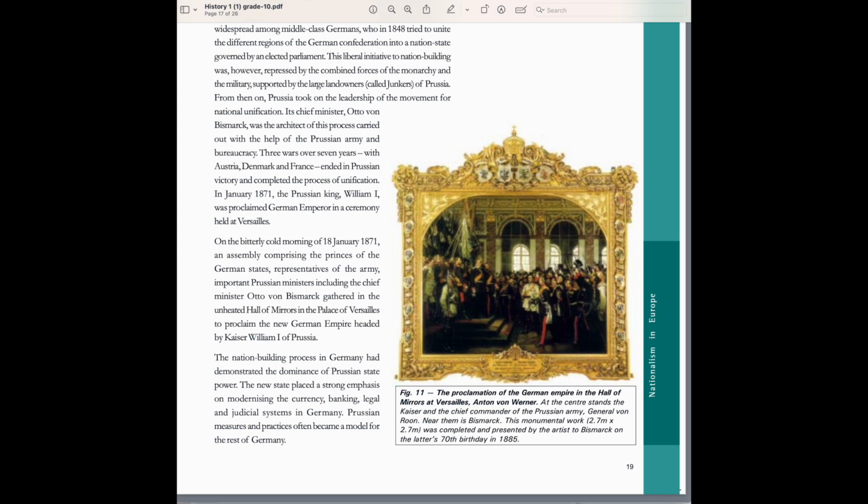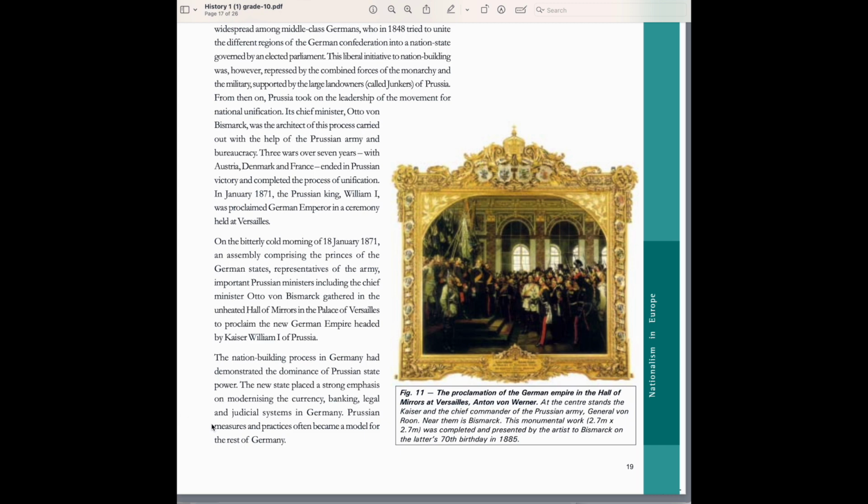On the bitterly cold morning of 18 January 1871, an assembly comprising the princes of the German states, representatives of the army, and important Prussian ministers, including the chief minister Otto von Bismarck, gathered in the unheated Hall of Mirrors in the Palace of Versailles to proclaim the new German Empire, headed by Kaiser William I of Prussia.